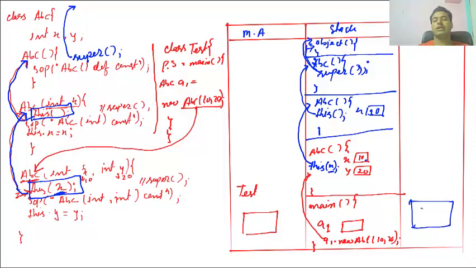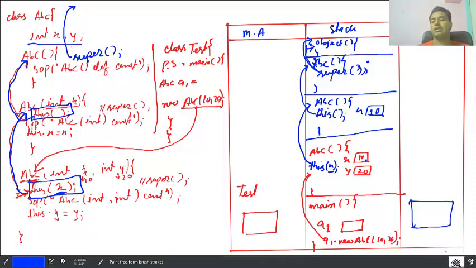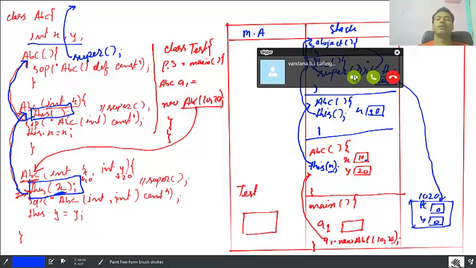At the time of creating this object, the JVM will search what instance variables are available. Here you have instance variable x, which gets the default value 0, and instance variable y, which gets the default value 0. That is done. Then control comes back. When control comes back here, you have a this, because the memory is already allocated, and this gets 10, 20, and it points to this, right?